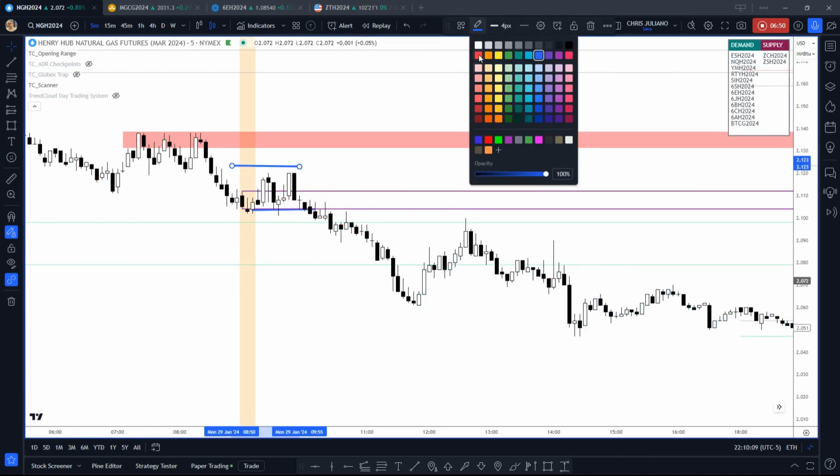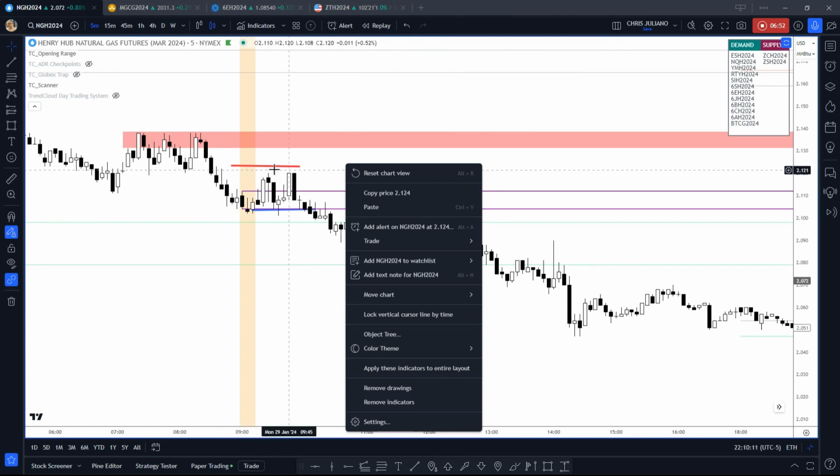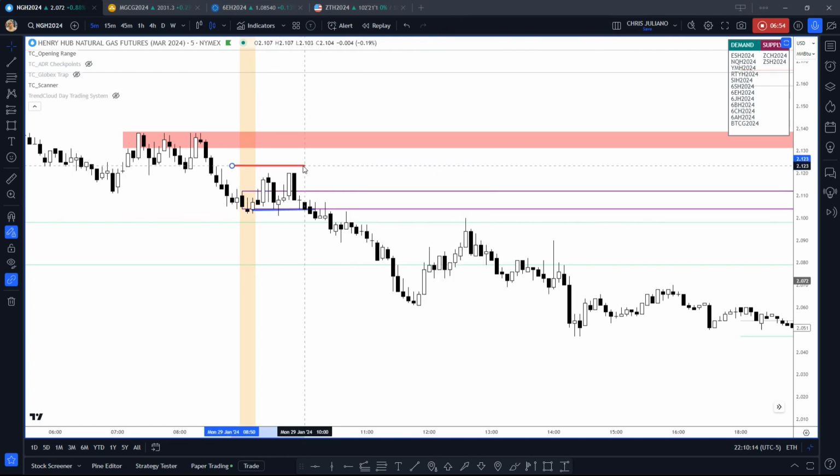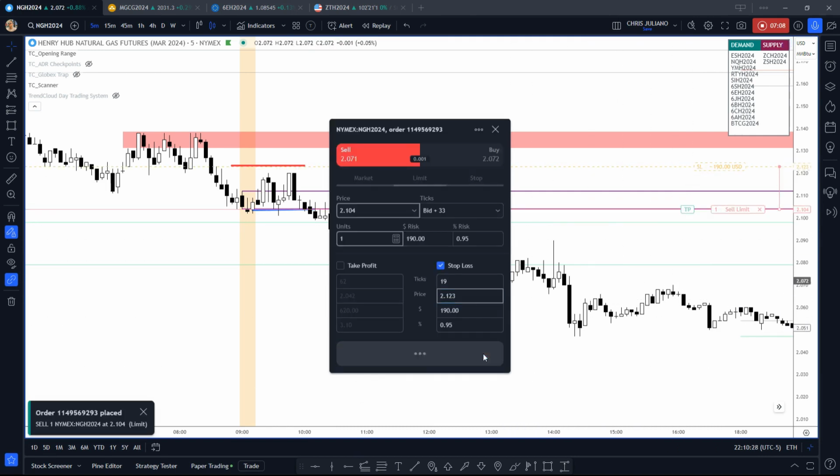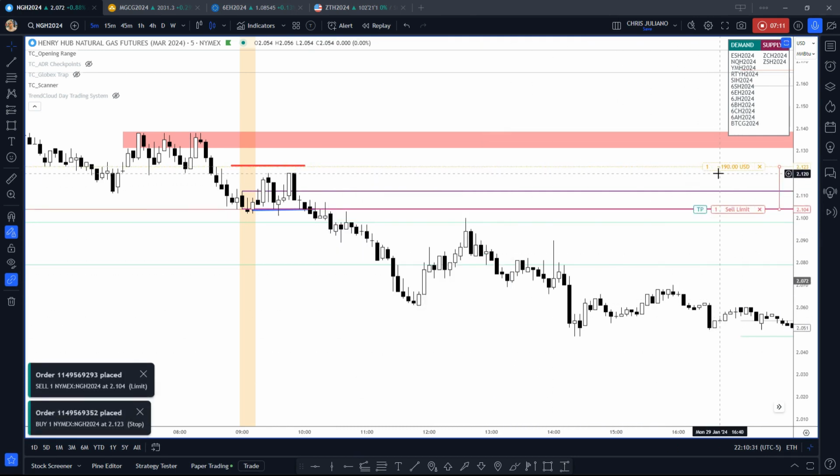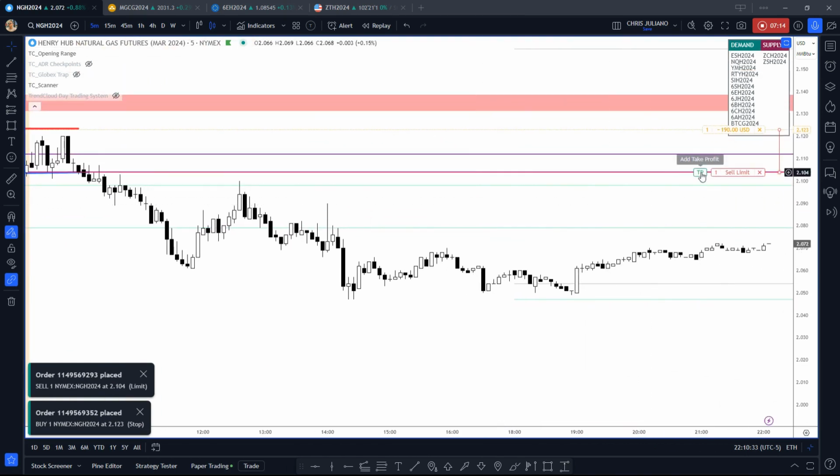Right above the trend cloud arrow. I love how the arrow gives you that perfect distance between your entry and your stop loss. And then there's your move. So this move right here, there's your entry, stop loss goes there. And it turns out to be the same, right? $190. And you definitely get that 2-to-1.